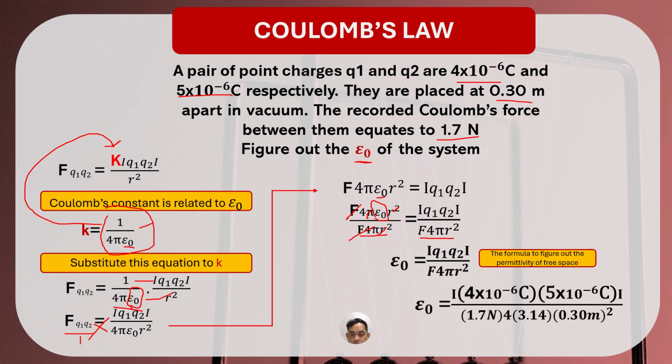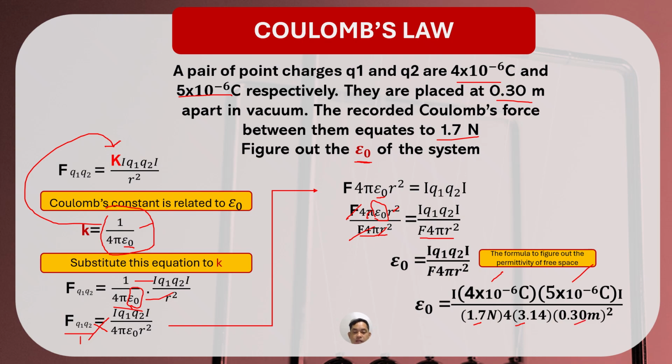Okay. And if you plug in all the given variables, you can have it here. This is the value of charge 1, value of charge 2. We will get the absolute value of these charges, but anyways, both are positive, so no problem. And then you will have the value of force 1.7, the value of pi 3.14, and the distance between them, 0.30 meter. Then don't forget to square it.